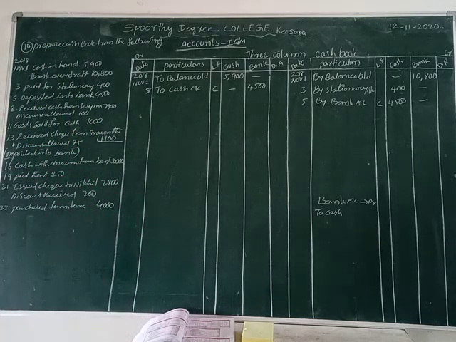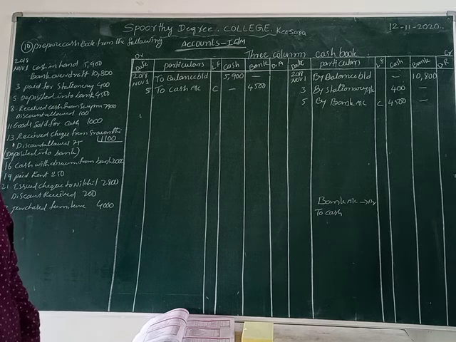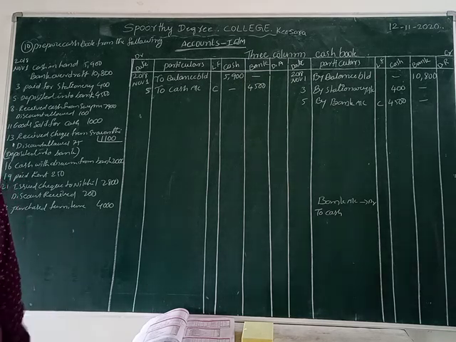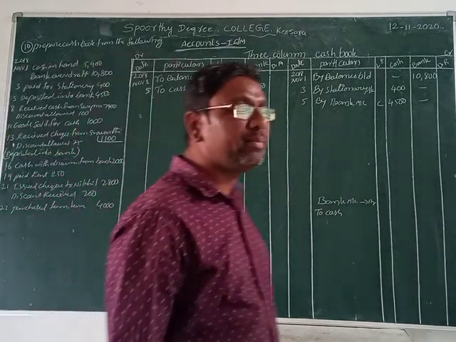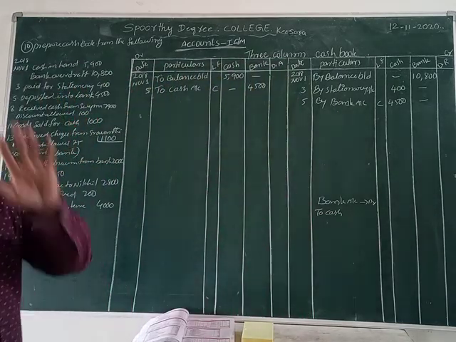That's why we take the contra entry, and in the LF column we write C. C means what? In both the debit LF column and credit LF column we write C. C means what? Contra entry.